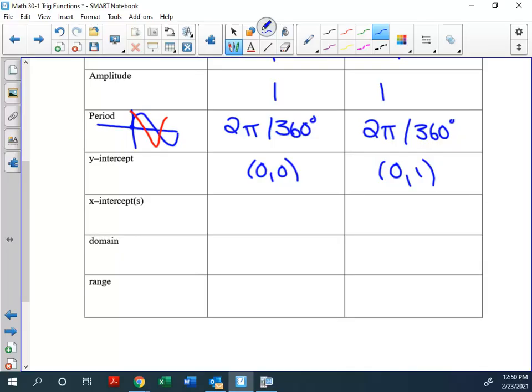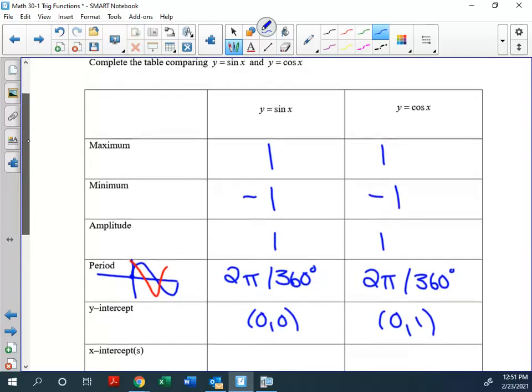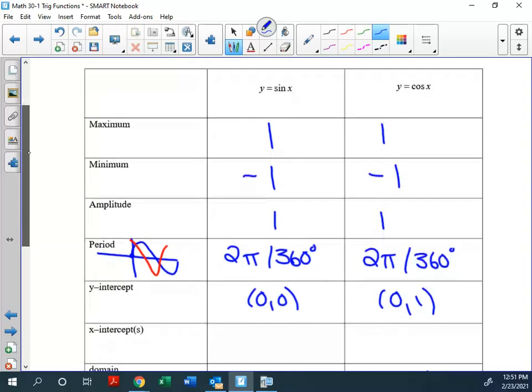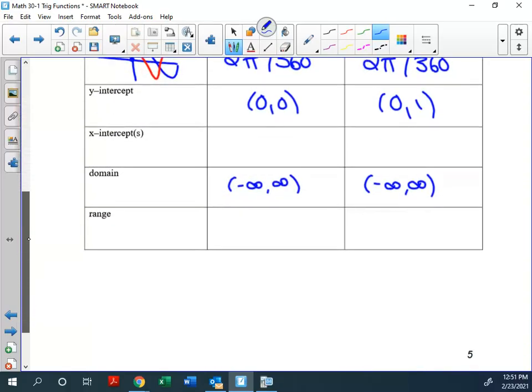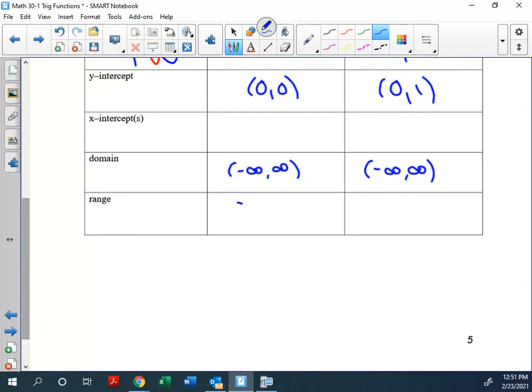No. So the domain for both are unrestricted. Negative infinity to infinity, negative infinity to infinity. Well, if I already know the maximums and minimums, which are by definition y points, do I already know the range? I mean, this goes between -1 and 1, both of them.